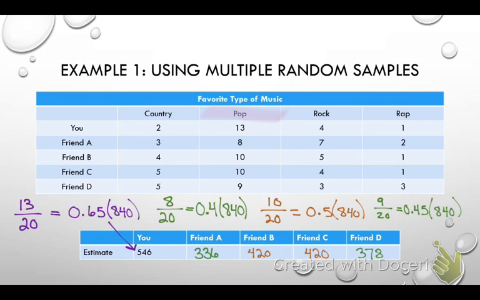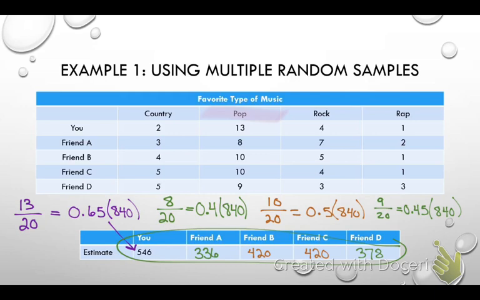Would you agree? Yes. So what I'm going to do now is find an average of my averages. That will give me the most accurate estimate possible because each one of these averages only represents 20 people, but all of them together represent 100 people.